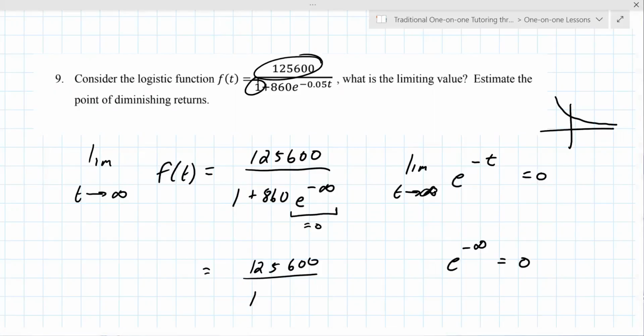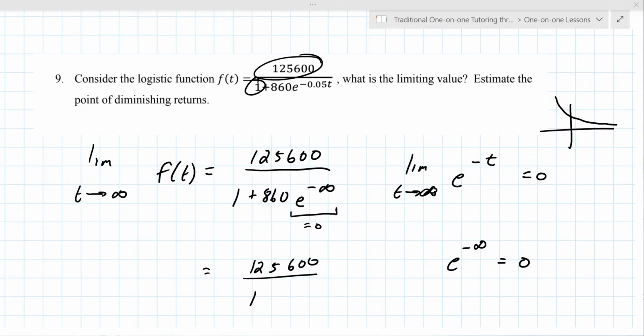I remember that in class she went over this, she said because of diminishing returns that it's that number, 125,600 over 2. Very well could be. I'm going to graph it here and see if I can make some sense of it. There's too much of a language thing when an instructor says it's diminishing returns, like half.